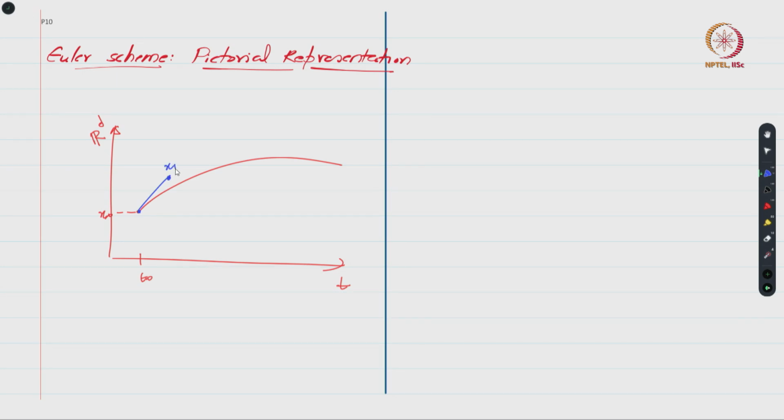So this will give you your x1 and this is where your t1 would be, and similarly compute x2 by looking at the value of h at x1 and computing some vector like this. So this will be t2 and this will be x2 and so on and so forth. So this will be t3, this will be t4 and so on.